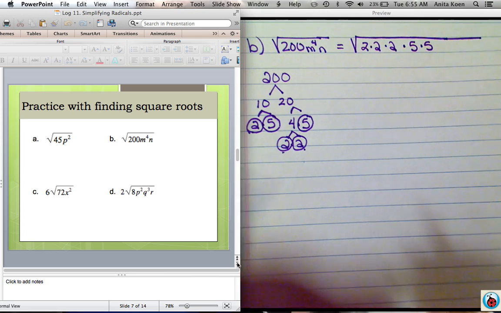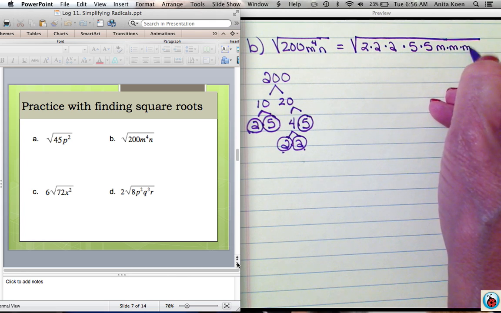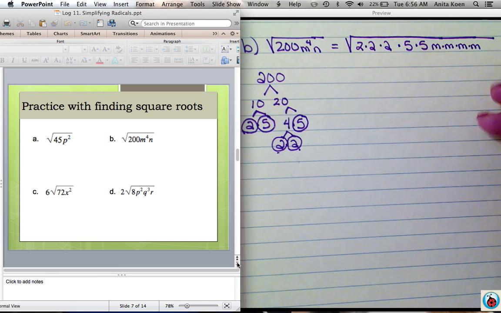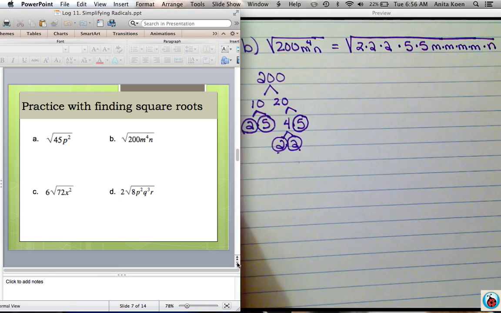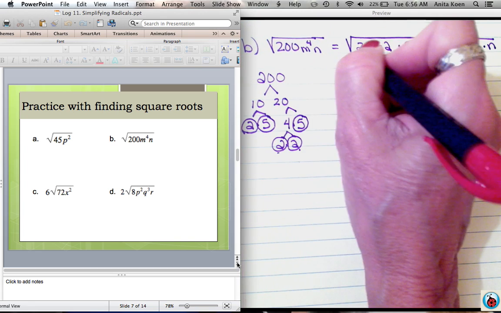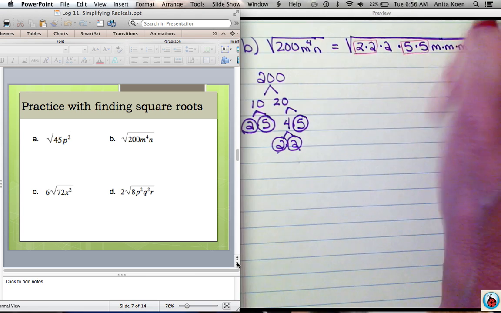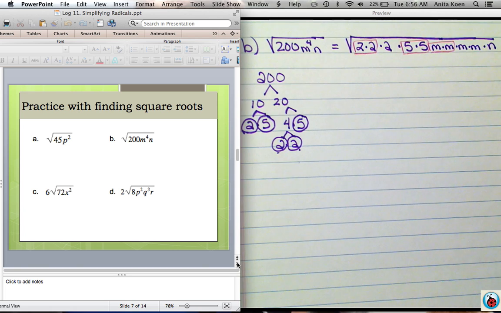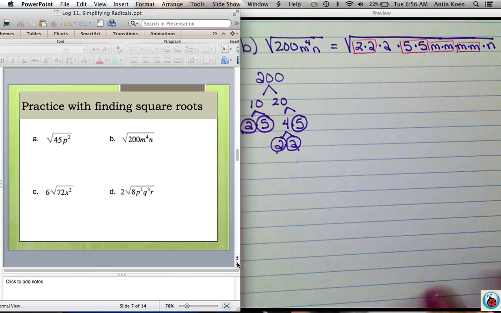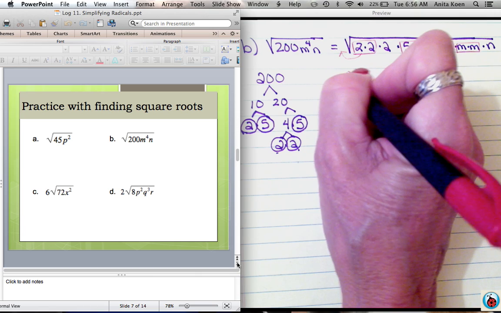Now, I also have m to the 4th power. That means m times m times m times m. That's 4 m's. And then I have 1 n. And again, I'm going to look for pairs because my index is 2. So 2 2's right here, 2 5's right here, 2 m's right here, 2 m's right here, and that's all the pairs that I have. So this pair of 2's gets to come out as 1 2.